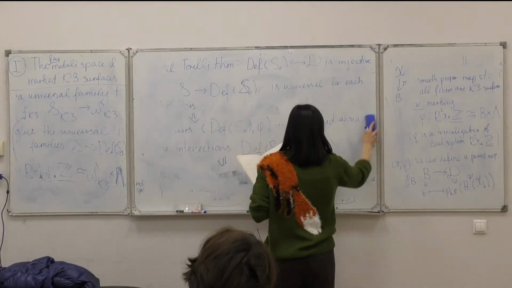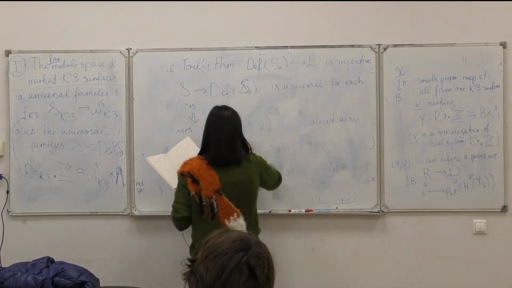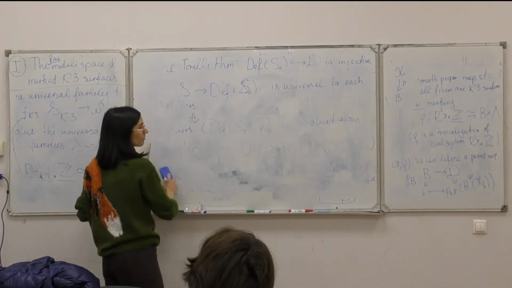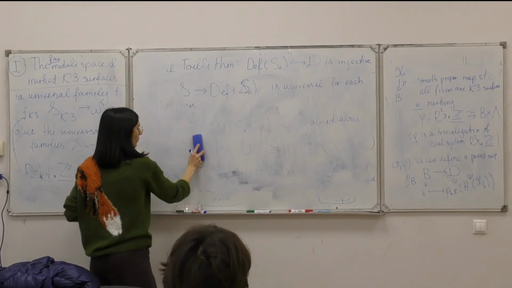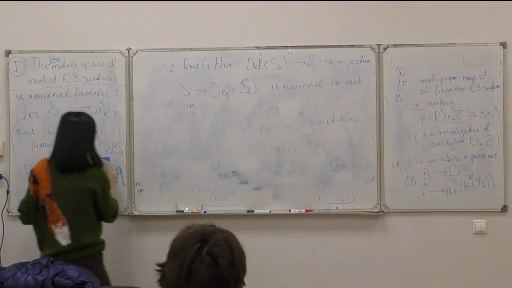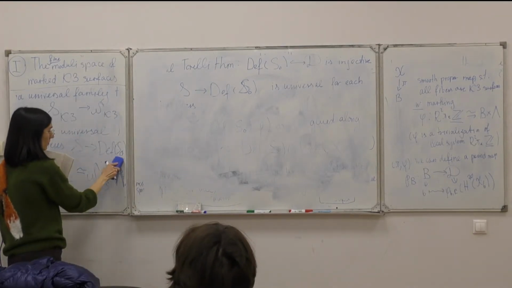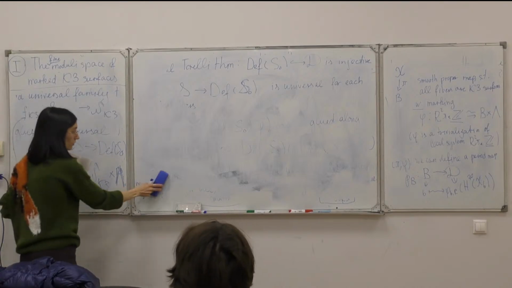and then define the global period map. Guess what will be the global period map? Before we had a local period map just for this base of deformations, and what will be the global period map?